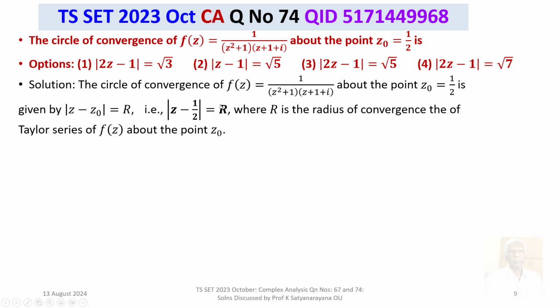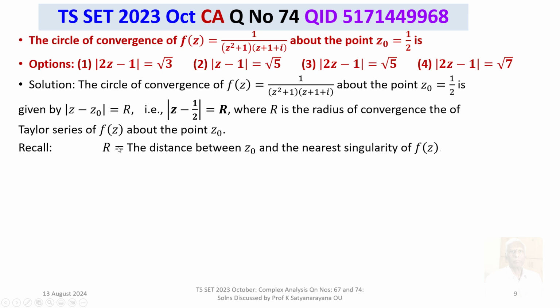Now, how do you find r? Recall r is computed as the distance between the center of the circle z naught and the nearest singularity of the function f of z. So, get into the function f of z and find out what singularities are there and measure the distance from z naught to those 4 singularities and take the minimum of them, and that will be the capital R.